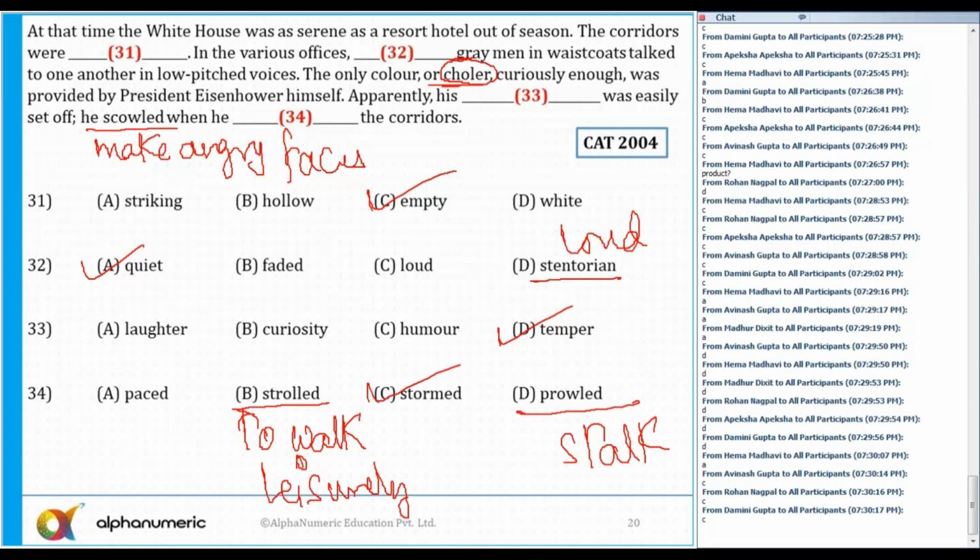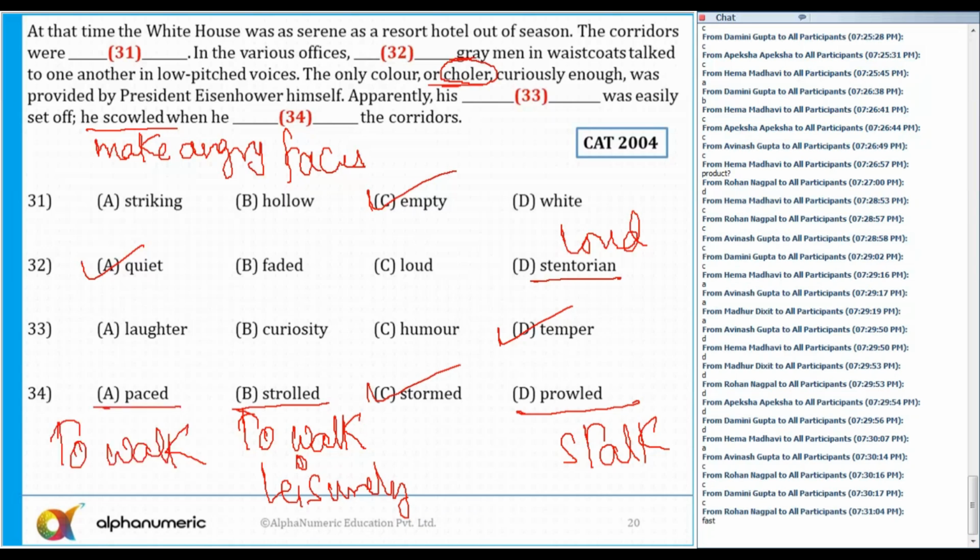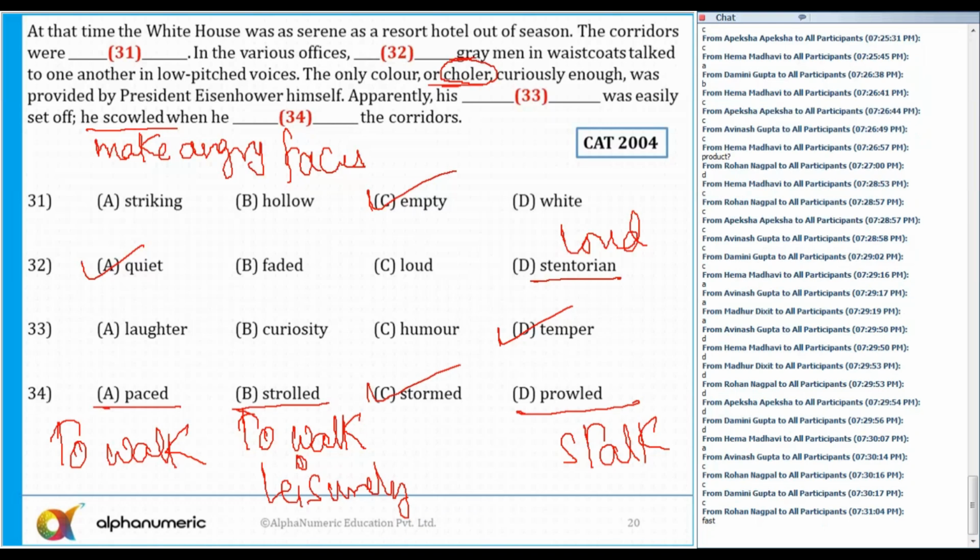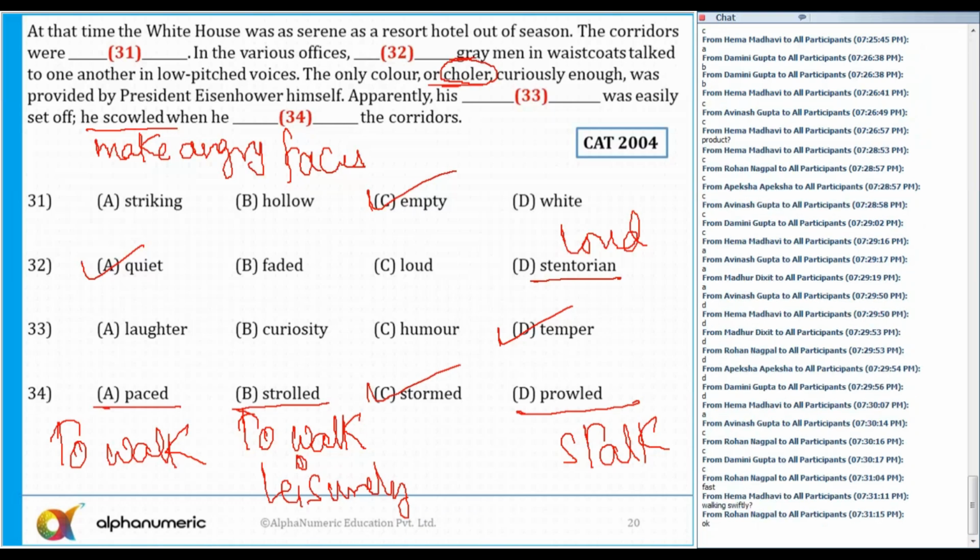It cannot be paced. Pace simply means to walk in a kind of pattern.